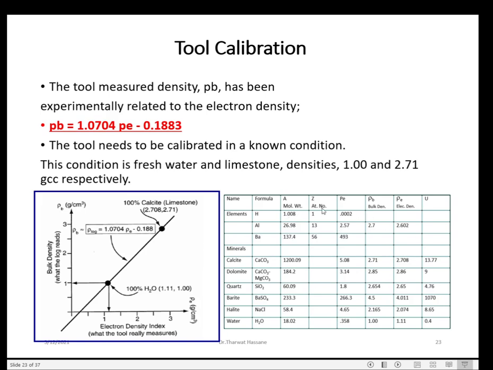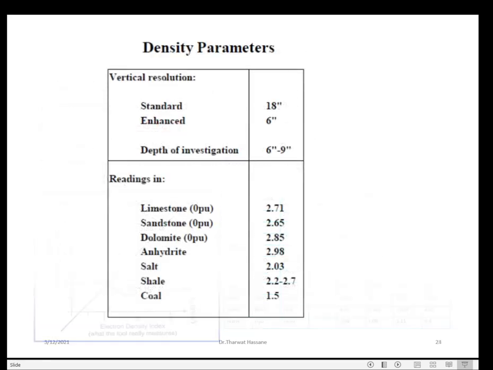This is just a very important table to show you the atomic weight and atomic number for each element inside the rock, which are always found in oil and gas reservoirs, and the PEF and the bulk density, and the U. U is the rho multiplied by PEF. It's like the photoelectric effect, captured like that.